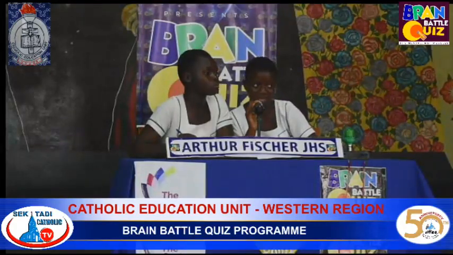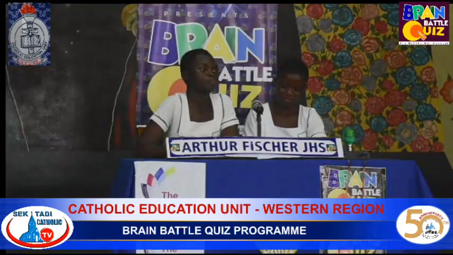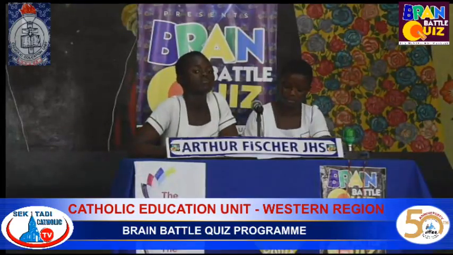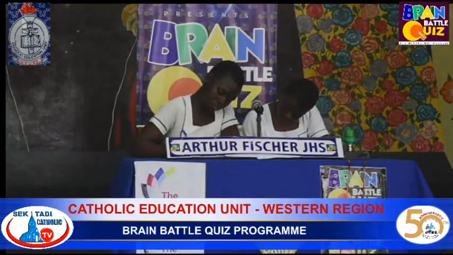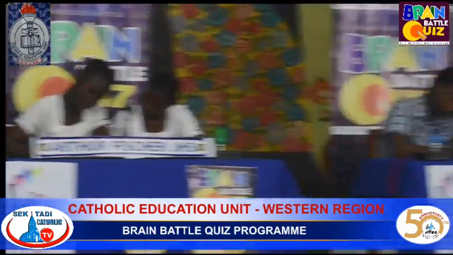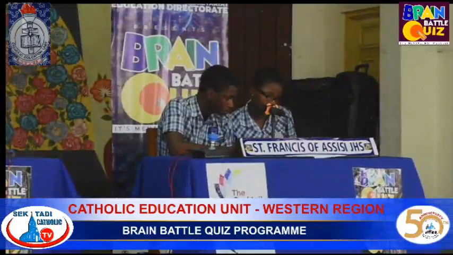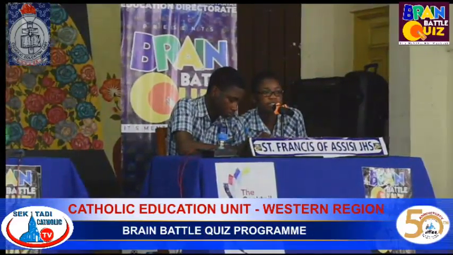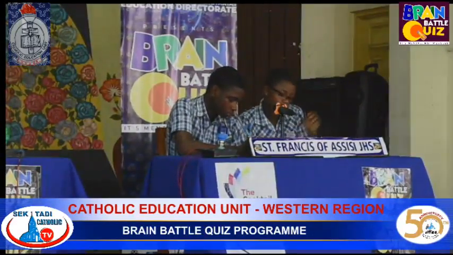Two times 3 times 7. And that is correct for 3 points. St. Francis of Assisi. Express 70 as a product of prime factors. 2 times 5 times 7. And that is correct for 3 points.